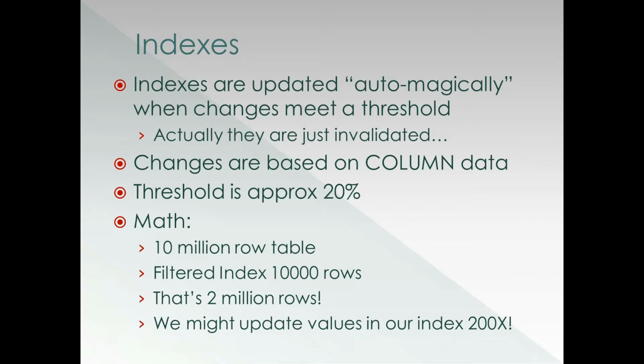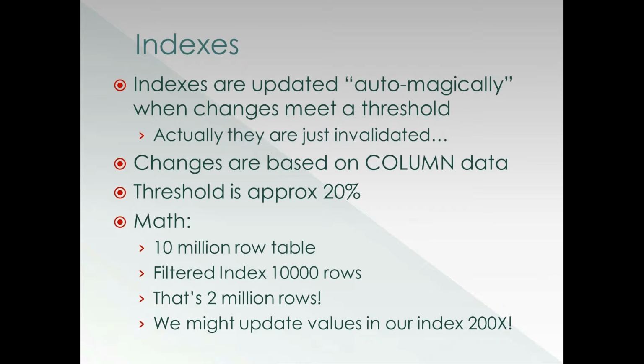So that's what you'll find out there if you look at any of the performance tuning blogs: this threshold that causes SQL Server to say, hey, I've got to invalidate these stats, is set at about 20%.